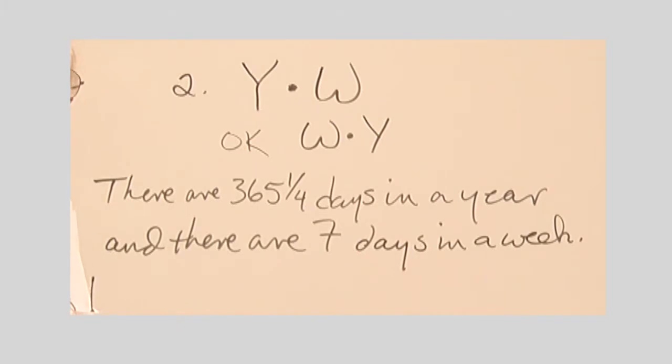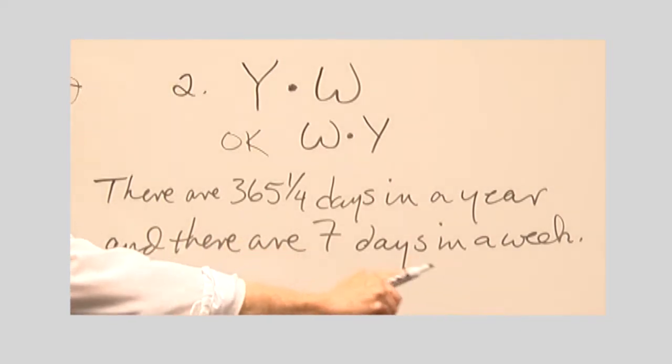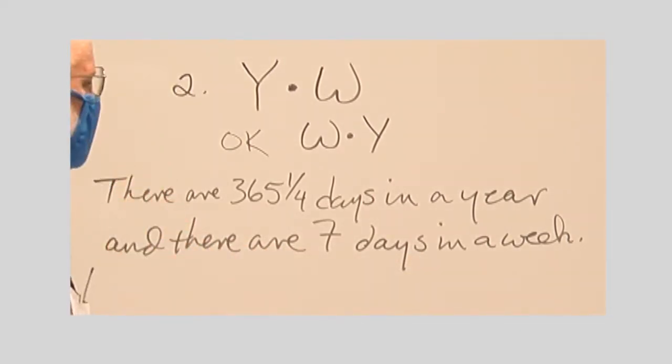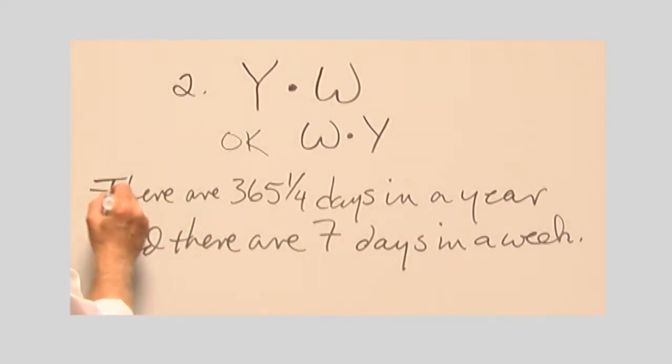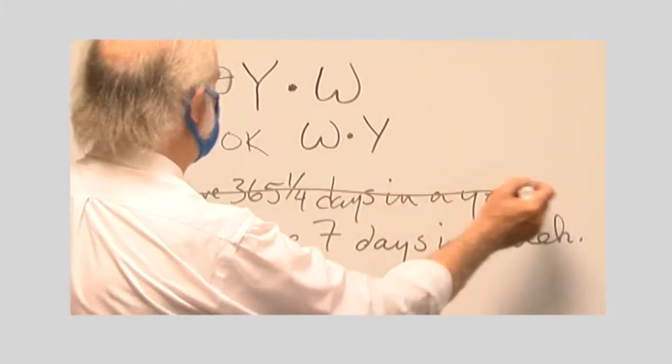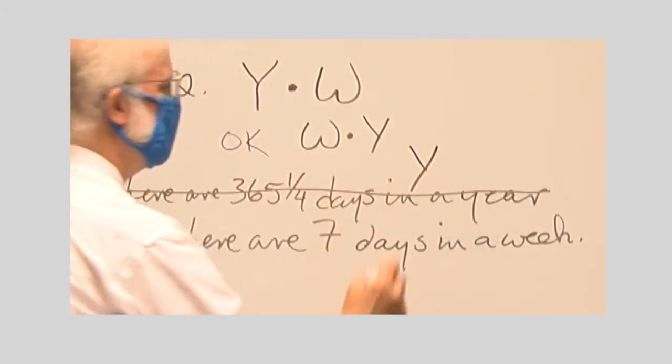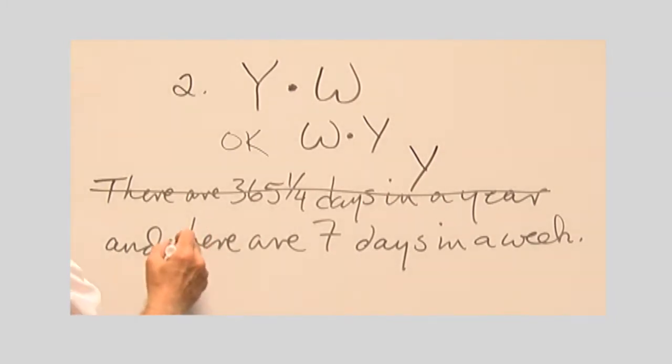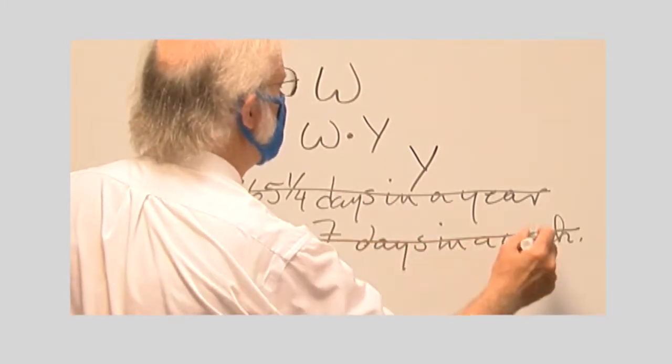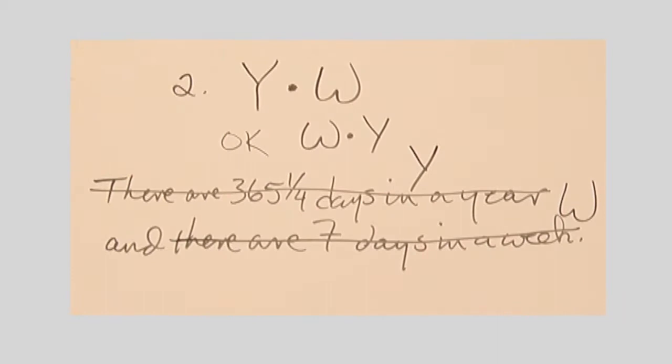To use the strike-through method, what we would do would be to take each one of the capital letters that we have, and for every occurrence of it, we would strike through that expression and put the capital letter above it. So here we would strike through this and put Y. Then we would strike through this expression and put W. All that would leave would be this word and.